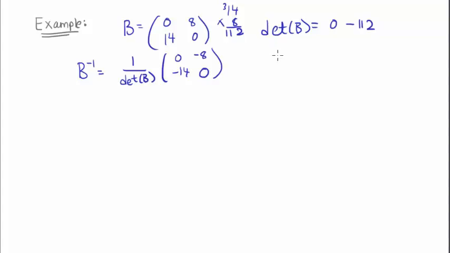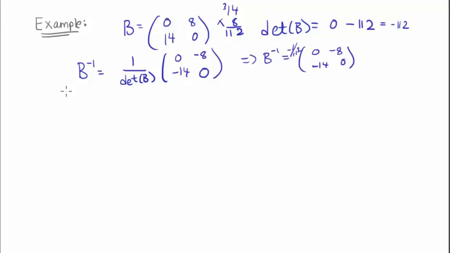Okay? So in this case, my determinant is negative 112. Okay? And so my B inverse is equal to just -1 over 112, 0, minus 8, minus 14, and 0.